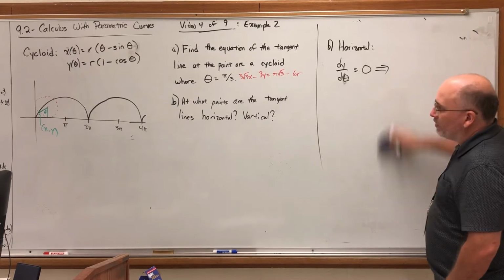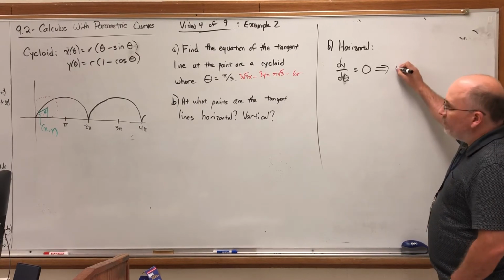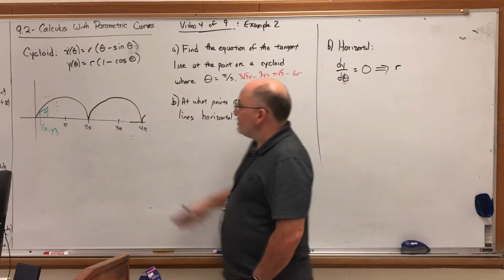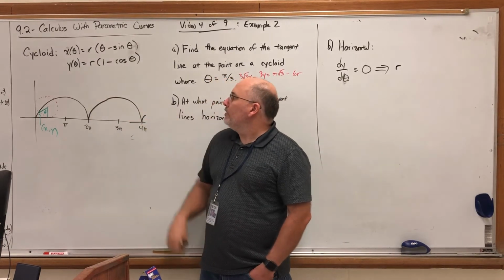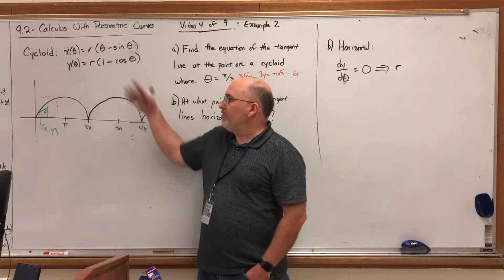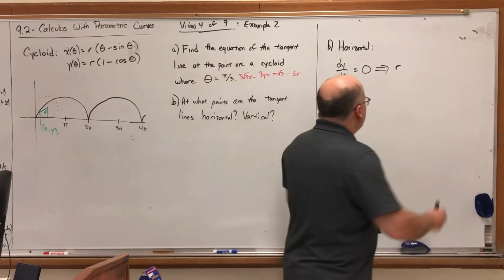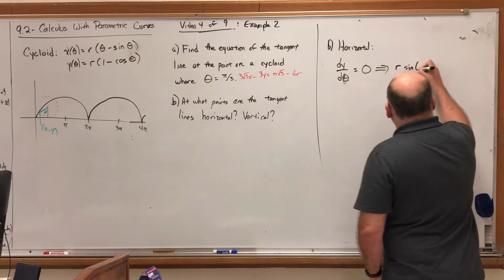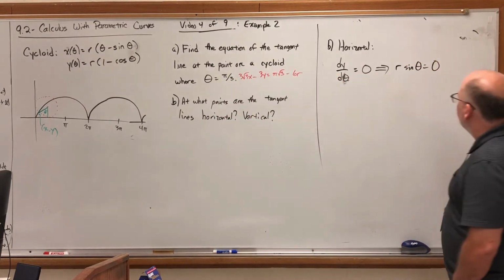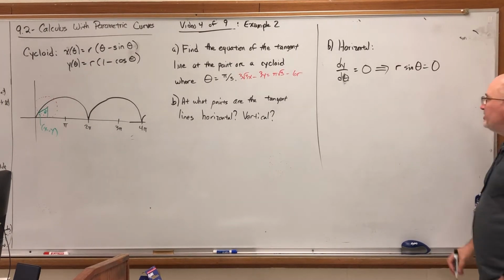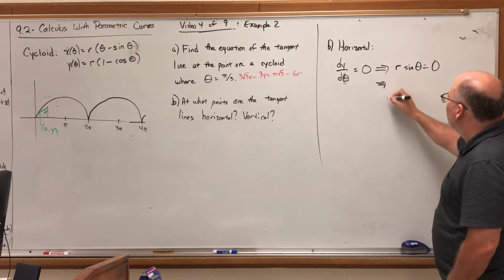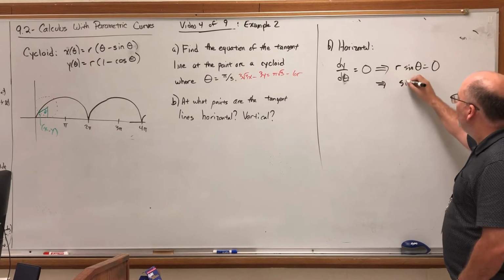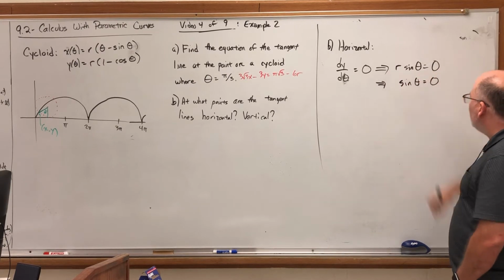The derivative of the y equation, r is a constant multiple. The derivative of 1 is 0, the derivative of negative cosine is sine. So we have r sine of theta is equal to 0. Since r is the radius, we're assuming it's not 0, so we can divide both sides by r and get sine of theta is equal to 0.